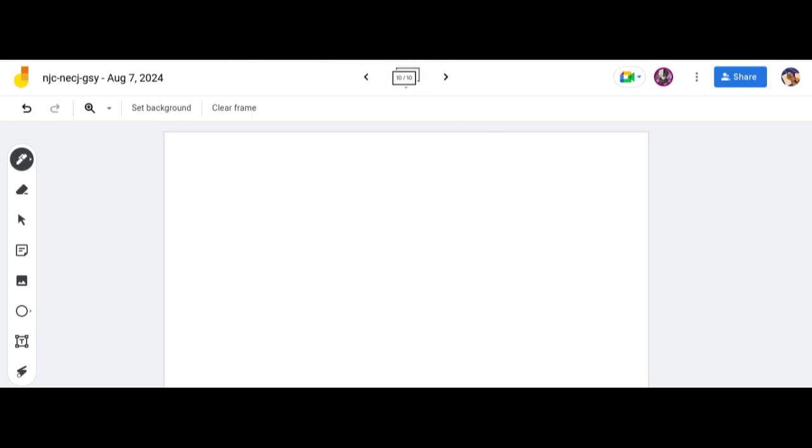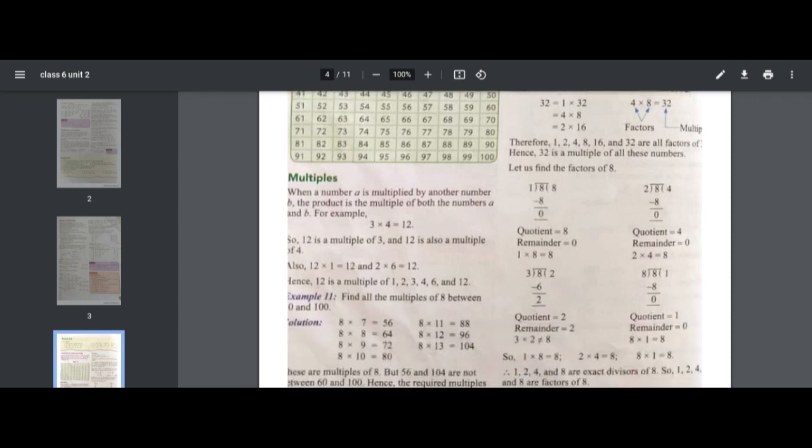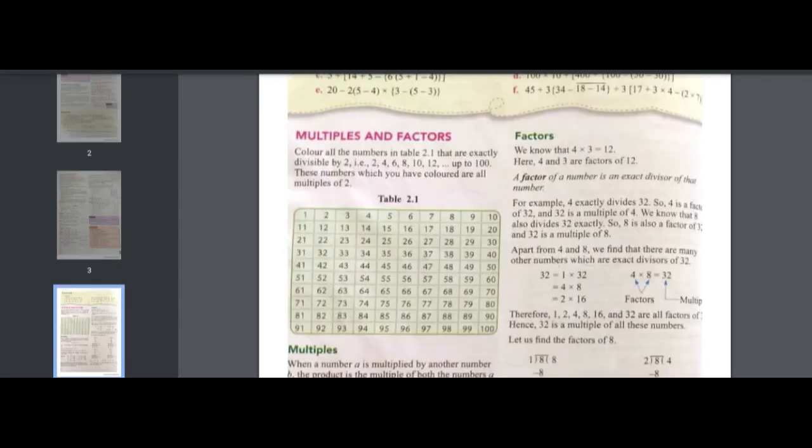Okay, so you have to write the definition and you have to write the example also in your notebook. We have to find how we can find the multiples and factors of given numbers, and what the methods are. So basically, how can we find the multiples?